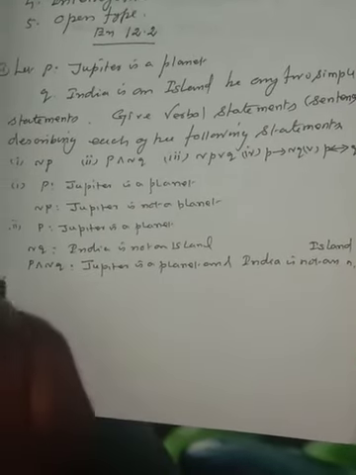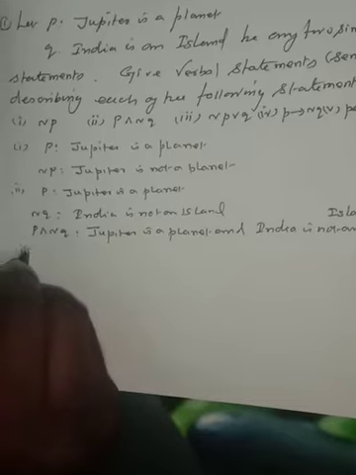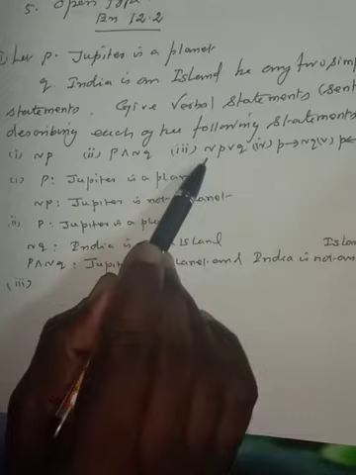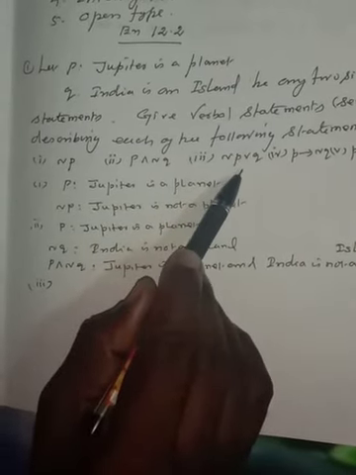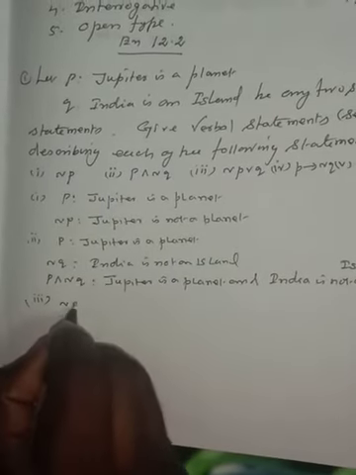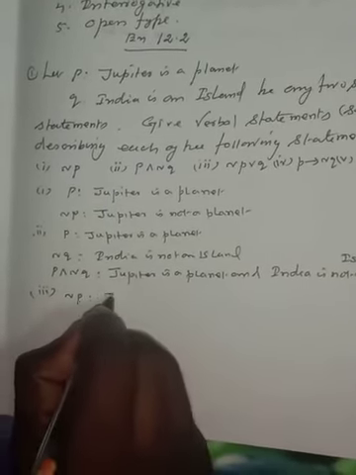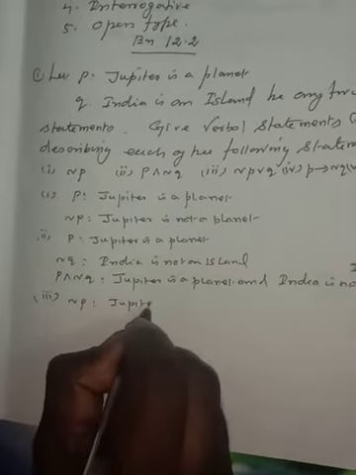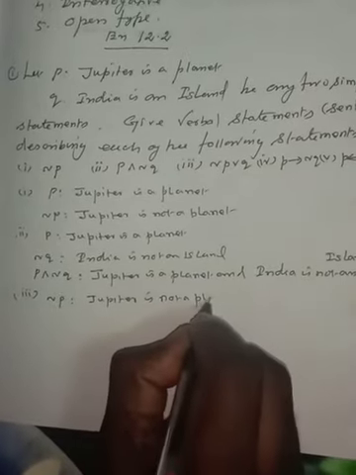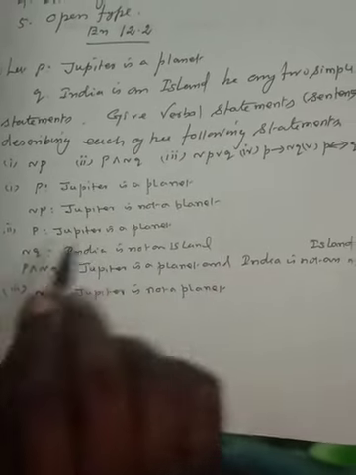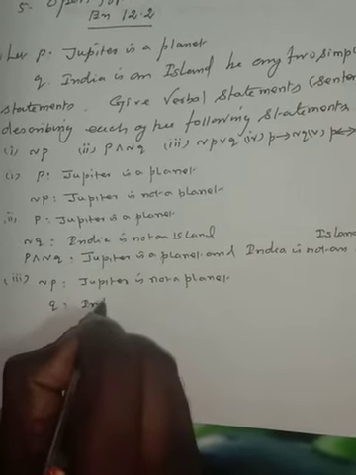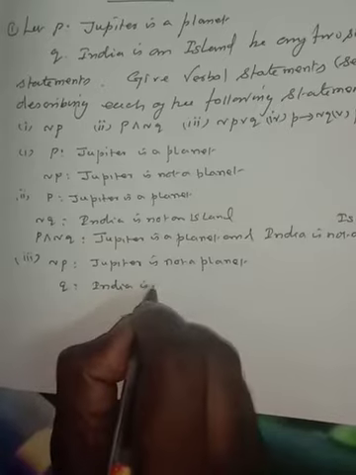Next, number 3. Negation of P is Jupiter is not a planet. And Q, India is an island.